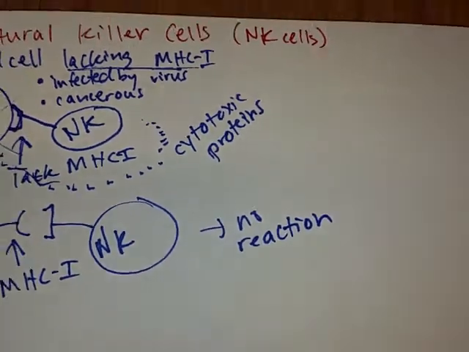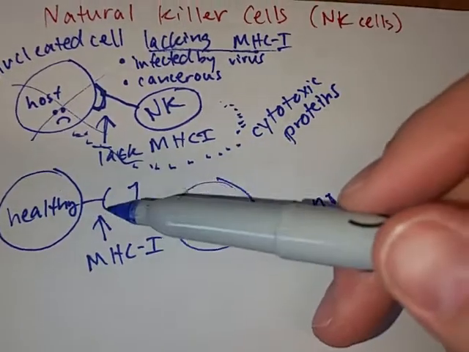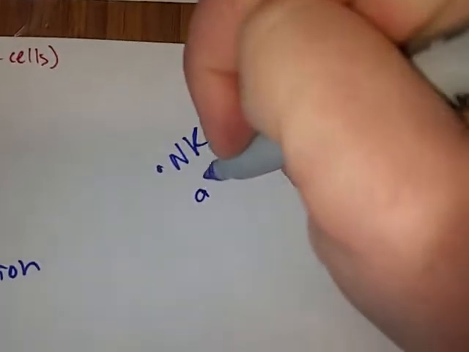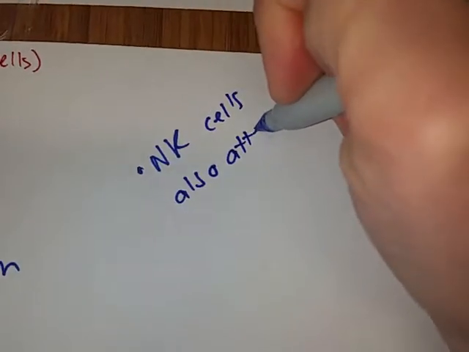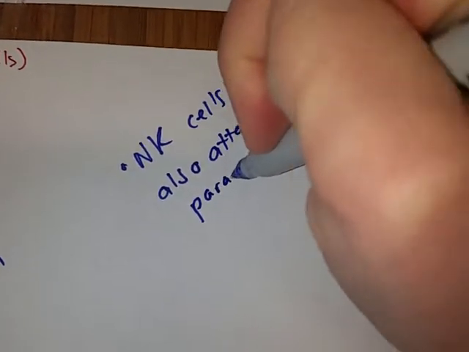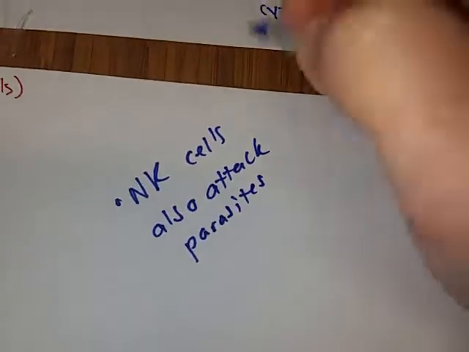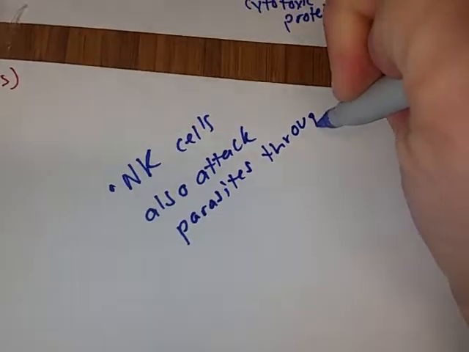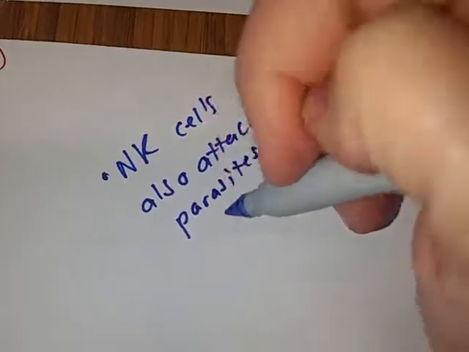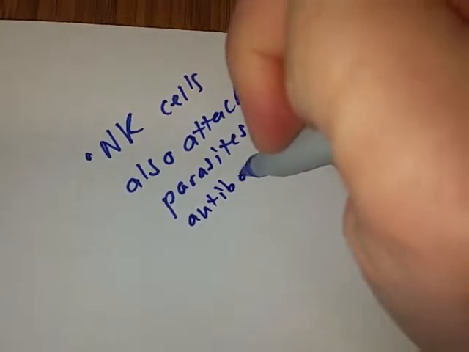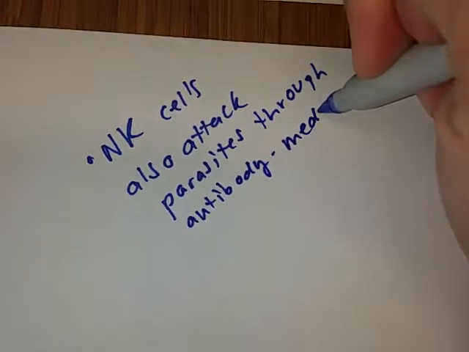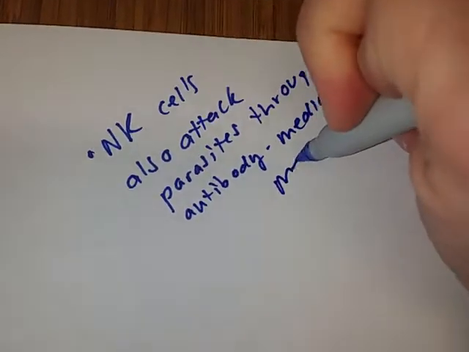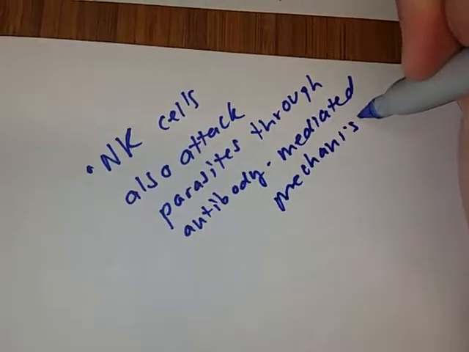So natural killer cells, besides just killing off infected hosts, as a side job, NK cells can also attack parasites through what's called antibody mediated mechanisms.